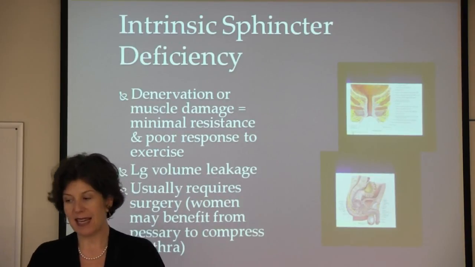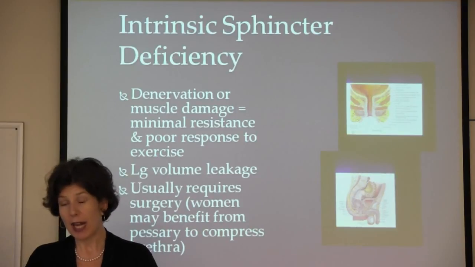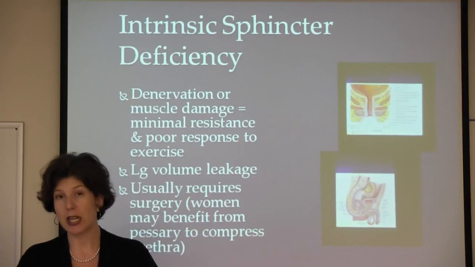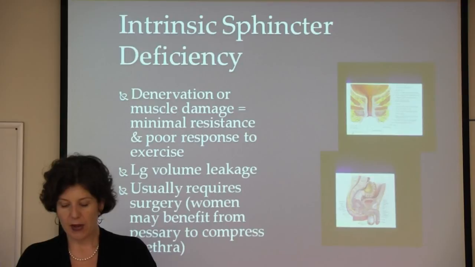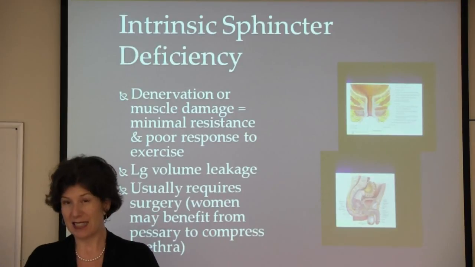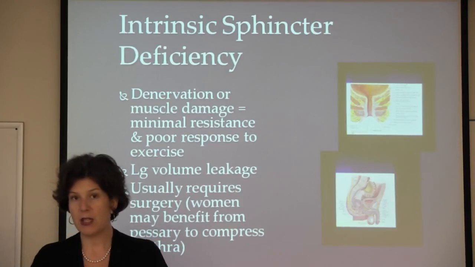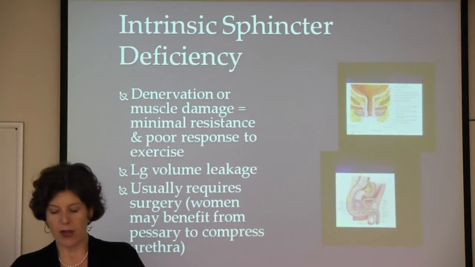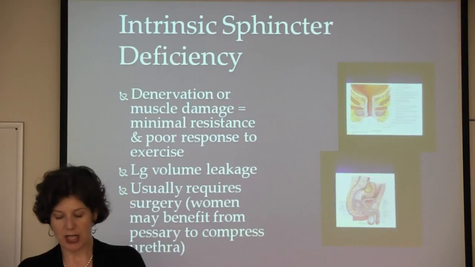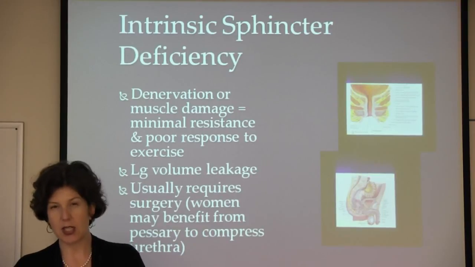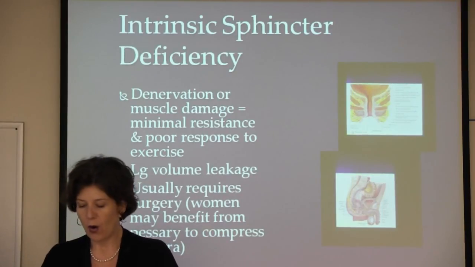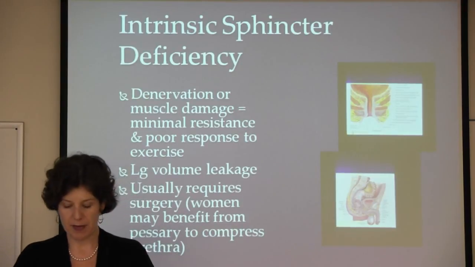This is secondary to a chronic indwelling catheter that has actually eroded the sphincter. It could be due to the loss of elasticity of the urethra and scarring of the urethral lining. It could be due to a pelvic trauma where the nerves are no longer innervating the pelvic floor. It could be due to a neurological lesion causing denervations such as a spinal cord injury or a spina bifida.